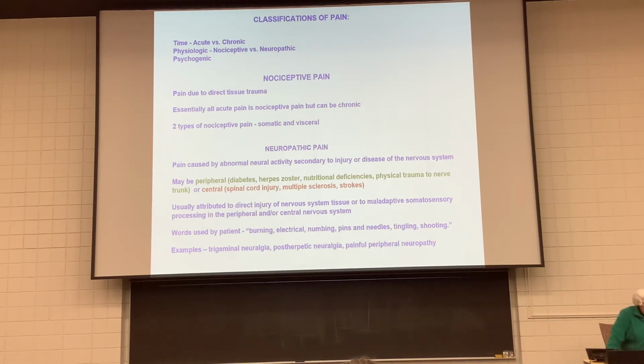They talk about it as being a maladaptive somatosensory processing. So maybe when it gets to the sensory cortex, those neurons are not processing it. Maybe there's been a stroke, maybe there's a tumor that has altered the ability of those neurons to respond properly.